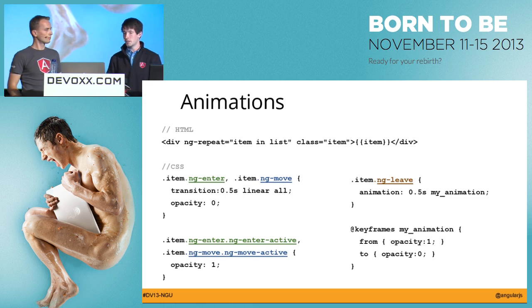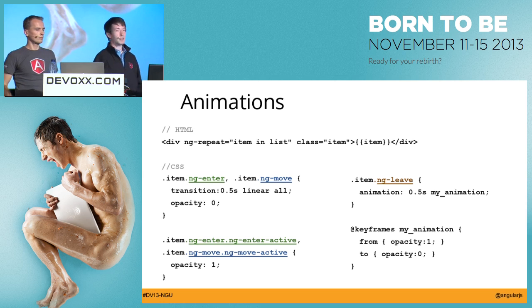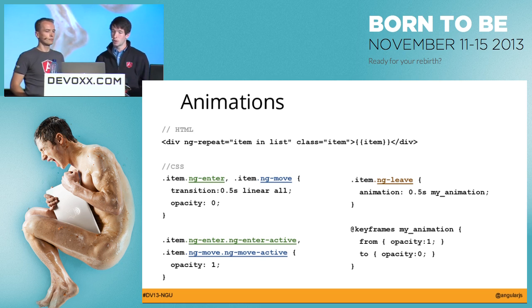So let's take a look at some actual code right now. This is ngRepeat. By now you guys probably know this pretty well. What Angular is doing for you is providing special CSS classes as hooks. If you look in the CSS below, we have things like ng-enter and ng-move. What Angular does is automatically add and remove these classes at the right time.